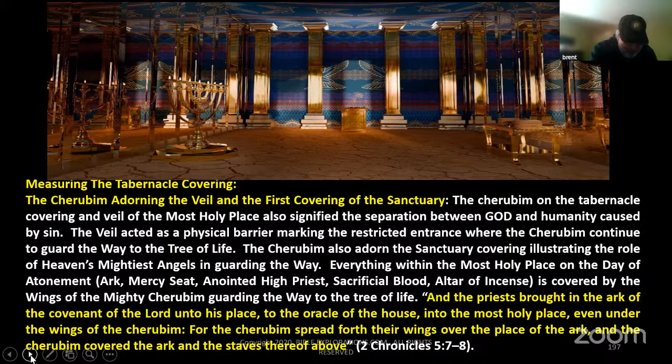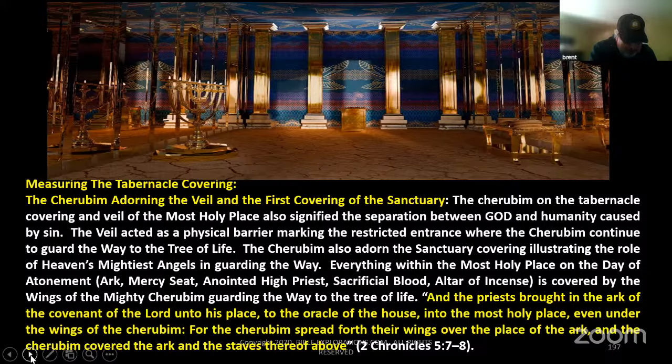We see here in 2 Chronicles 5:7-8, "And the priests brought in the ark of the covenant of the Lord unto this place," he's talking about the most holy place, "to the oracle of the house, into the most holy place, even under the wings of the cherubim. For the cherubim spread forth their wings over the place of the ark, and the cherubim covered the ark and the staves thereof."